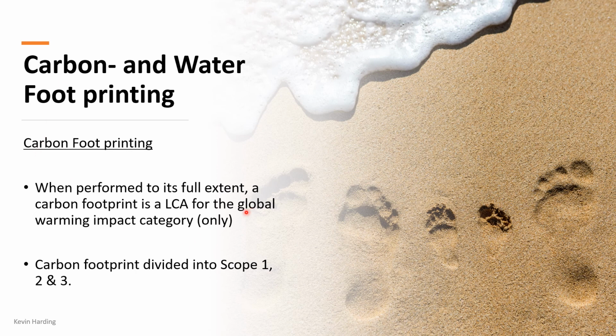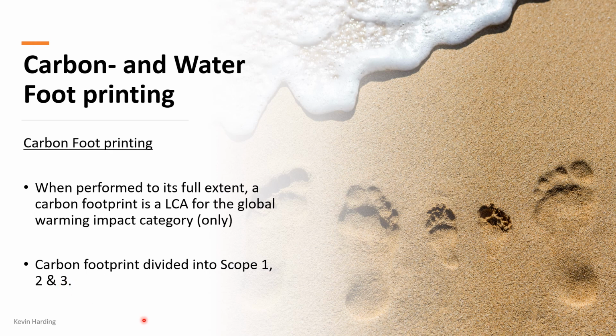The global warming potential looks at the life cycle impact of carbon dioxide, carbon monoxide, methane, SF6, and a couple of other aspects. If we look at the global warming impact category of a life cycle assessment, that is a carbon footprint for scope 3, the full extent of the carbon footprint.